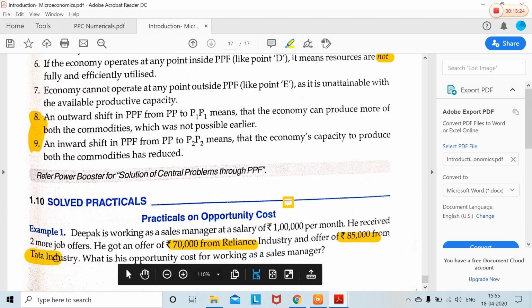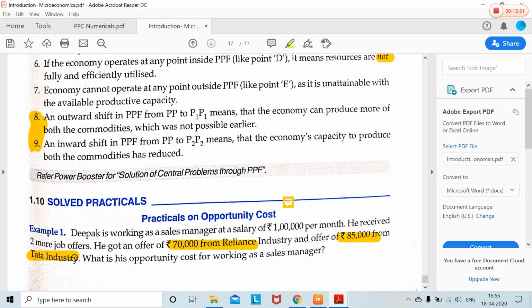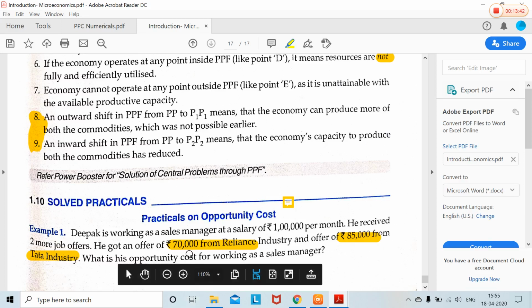So what is the cost Deepak is paying by working as a sales manager in whichever company he is working? The opportunity he has availed fetches him 1 lakh rupees, but the opportunity cost is the cost of the next best alternative. And out of these two, which one is the better alternative? Rupees 85,000 from Tata Industry.